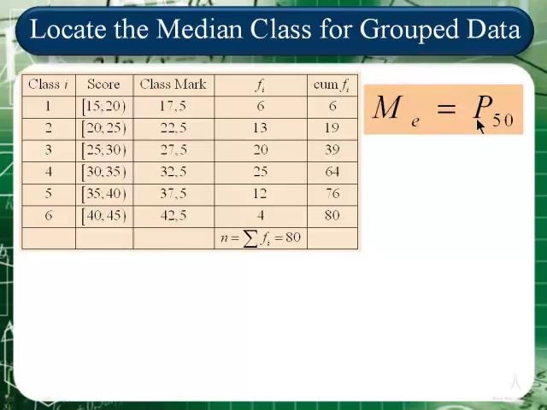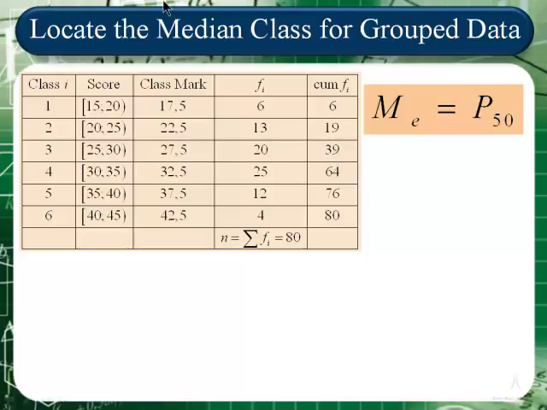What does that mean? That means 50% of the observations must be less than the median and 50% must be greater than the median. Now, 50% of 80 is 40. Now, if you go to class 3, you can see in class 3 I've accumulated to 39 observations.